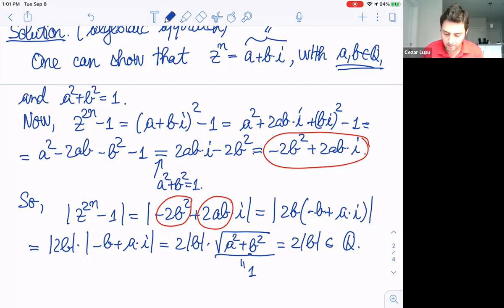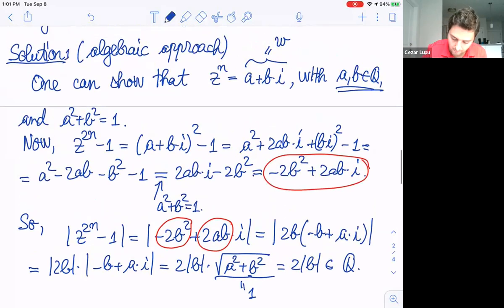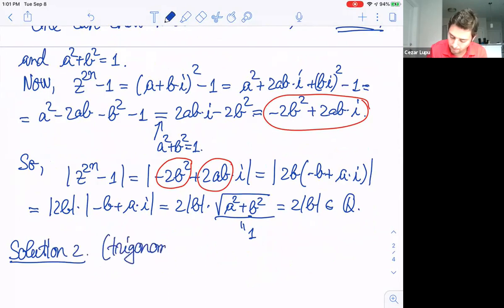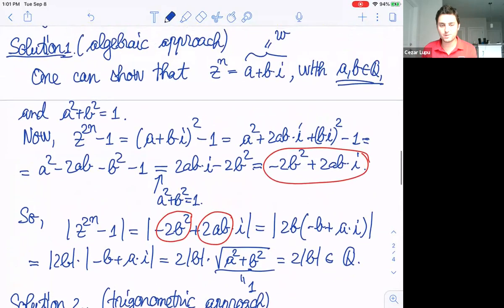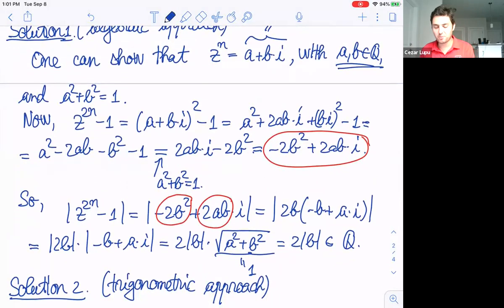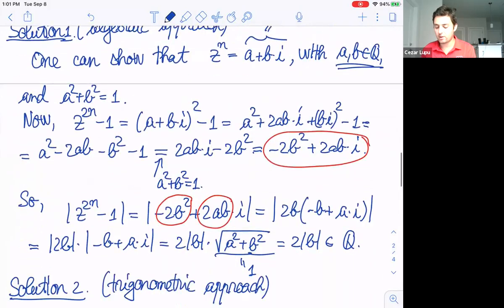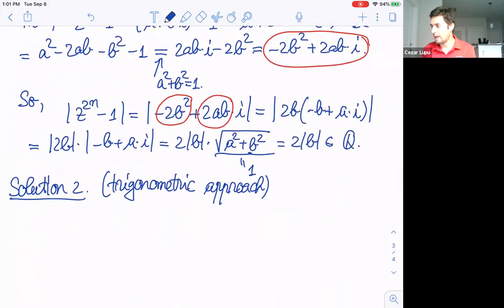So solution 1, let's say: trigonometric approach. This is a good problem for you to see all 3 approaches. All right, so now let's see the trigonometric approach.